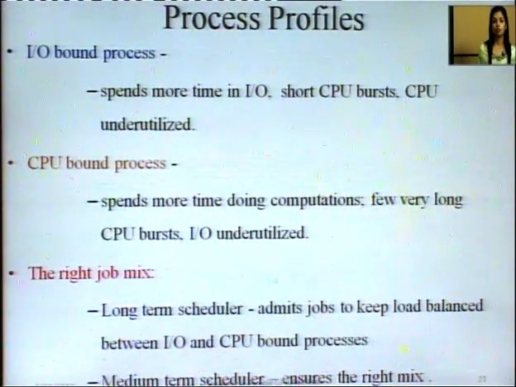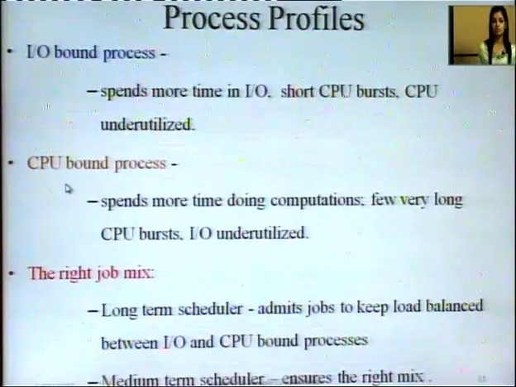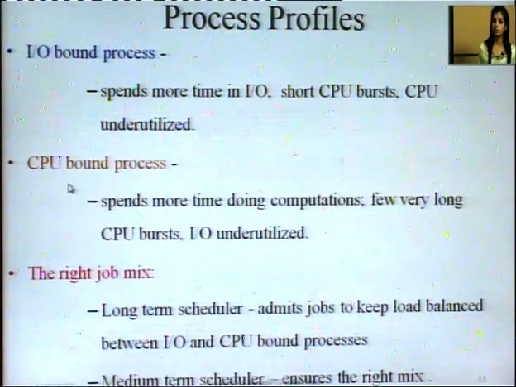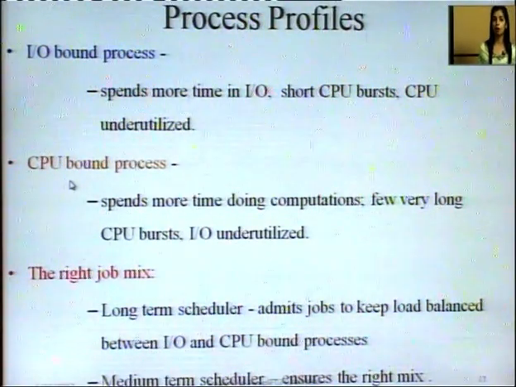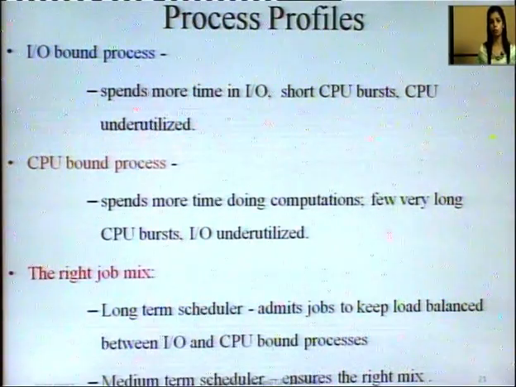So, there is a number of different types of processes. First is input output bound processes, which spend more time on input output. If a process spends its time on the CPU, then the process is known as a CPU bound process. And the right job mix is what the long-term scheduler maintains, a mixing of input output bound and CPU bound processes.